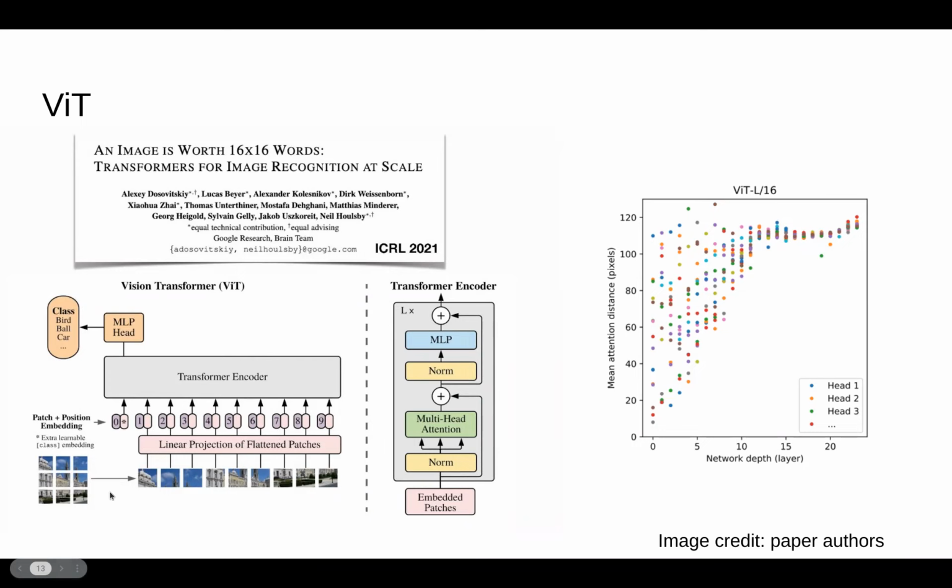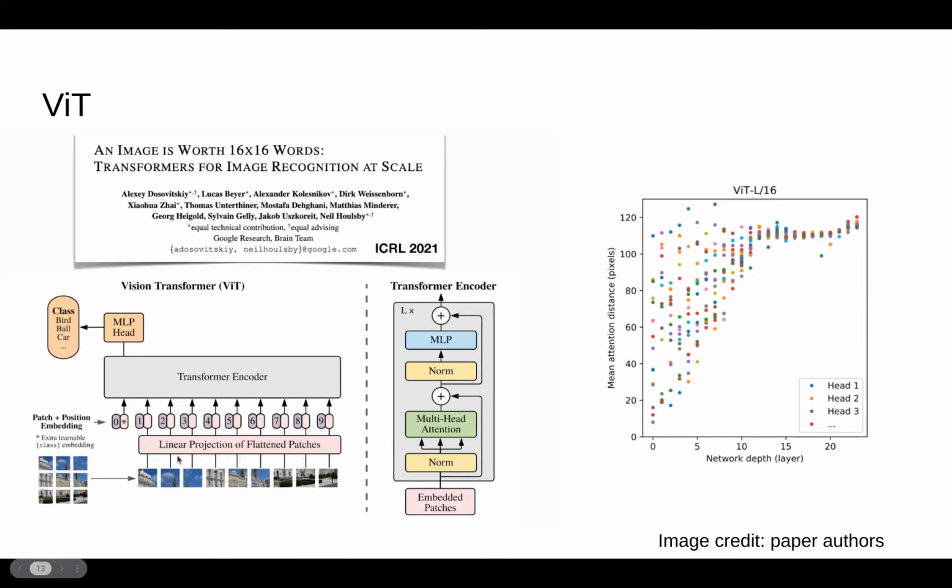The way they do this is they basically pass these patches and then do a linear projection of the flattened patches. They first flatten this, unroll it, and then they pass those flattened patches. With those flattened patches, they concatenate the position embedding, just the way you had it with sentences, except here they're concatenating instead of adding.